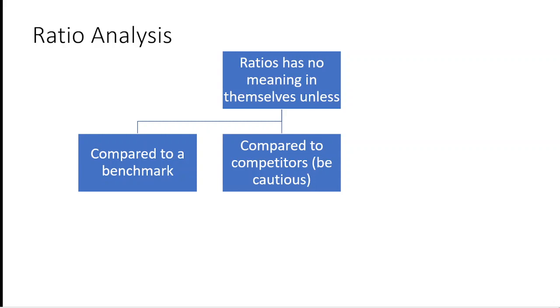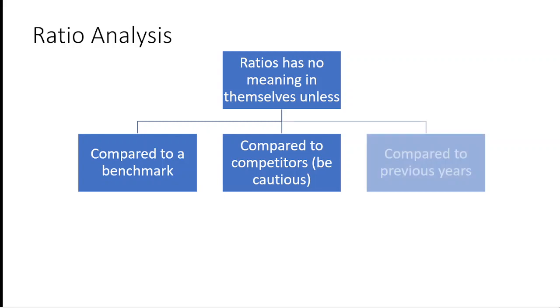No two competitors are the same, because every competitor is trying to differentiate themselves from the other competitors, whether in terms of pricing, product, business model, the processes, everything. So we need to be very cautious when we are comparing the ratios with our competitors, because differences in business models, accounting policies, and products can make a difference in our results as well.